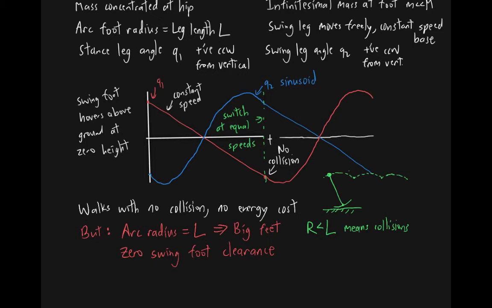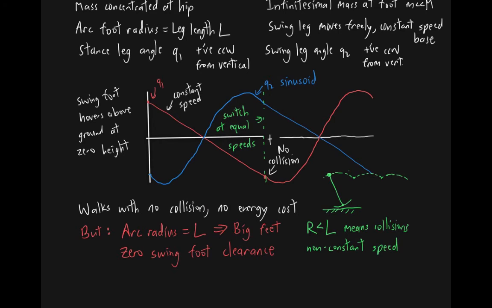And each time we have to switch from one arc to the next, it means we need to have a collision between the leg and the ground. And also, since the hip is no longer moving in a horizontal level path, we also expect that the speed is going to be non-constant. And then if the pelvis is moving at non-constant speed, we would expect its dynamics to affect the motion of the swing leg.